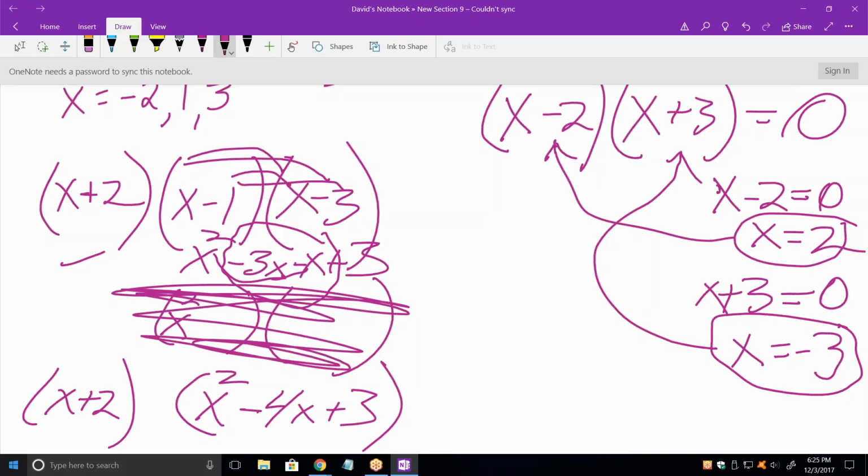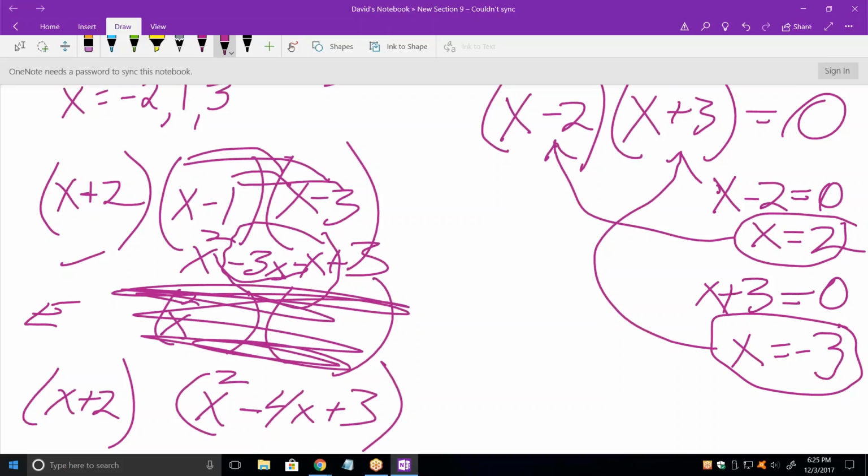Now, FOIL doesn't work when you're multiplying a binomial term times a trinomial term. There's an F, but there's no O, I, or L. Okay? So what you got to do is basically the same idea, but I call it ET.